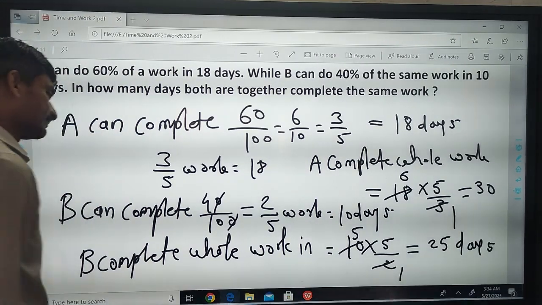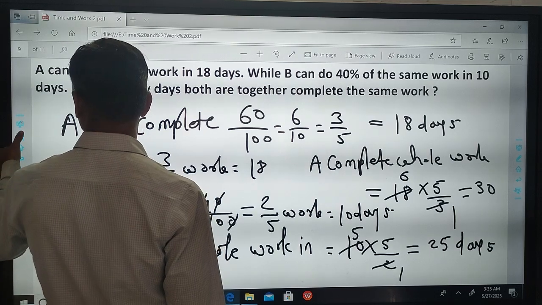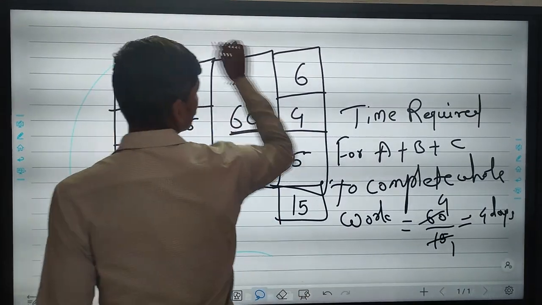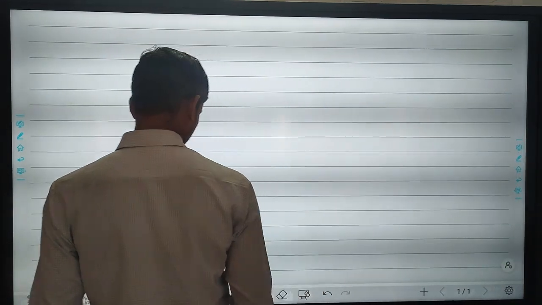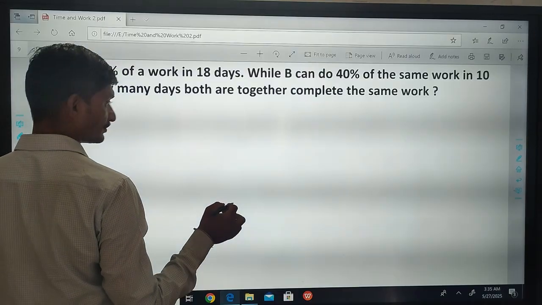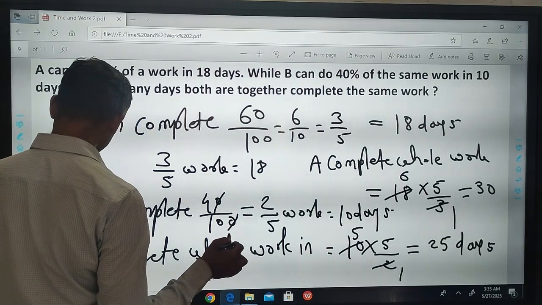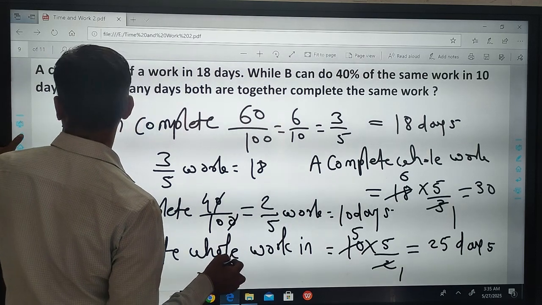Now we find. A completes the work in 30 days, B completes the work in 25 days.